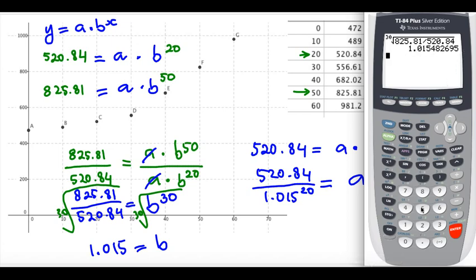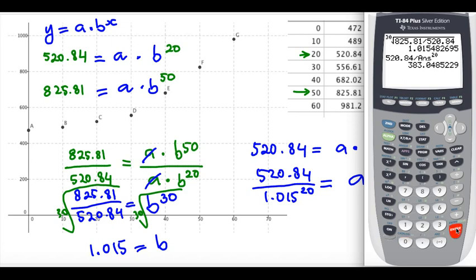So what I'm going to do is type 520.84 divided by, here I'm just going to say second answer, which means we are going to take the answer previously, and then that to the power of 20. So what do we have here?